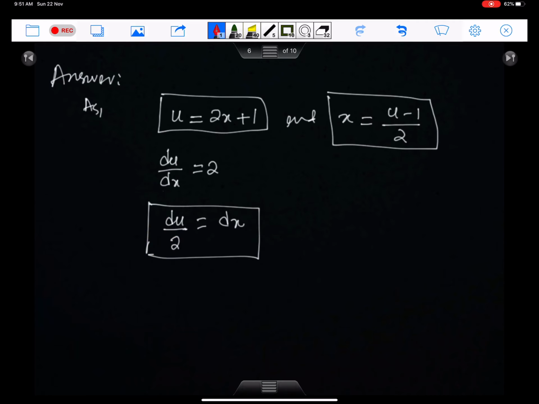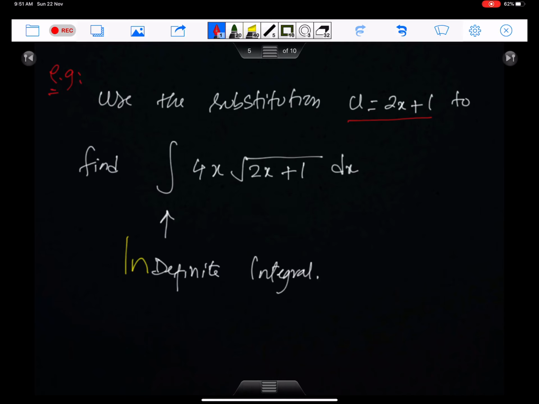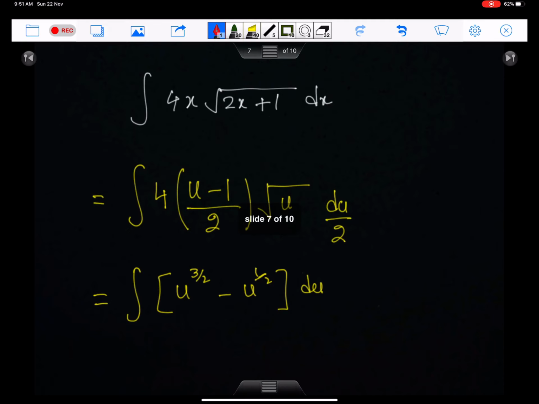We have to substitute the function, we have to substitute the integral operator, and we have to make x the subject, because in this integral we need x as well. So this is the question. x is substituted by u minus 1 upon 2. This square root is substituted by u. dx is substituted by du upon 2.